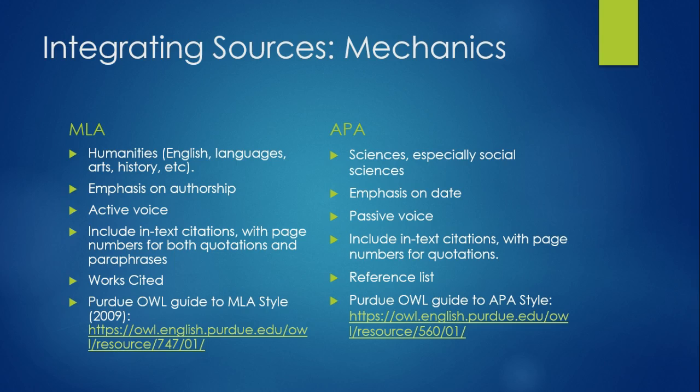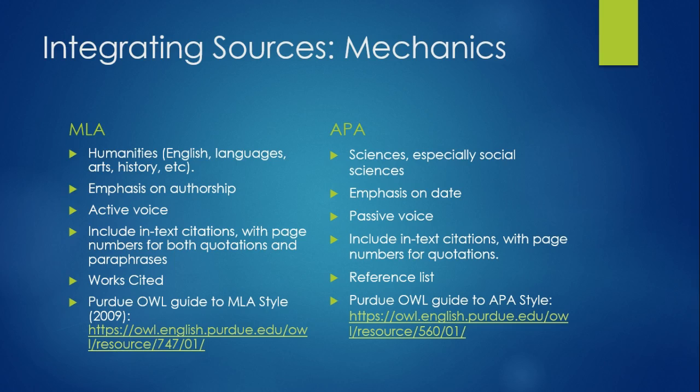You're going to use MLA if you are writing in the humanities. That's English, languages, arts, history. Any of the humanities generally call for use of MLA as a style. In the MLA, the emphasis is on the authorship, because remember, the author is the actual creator of the text.